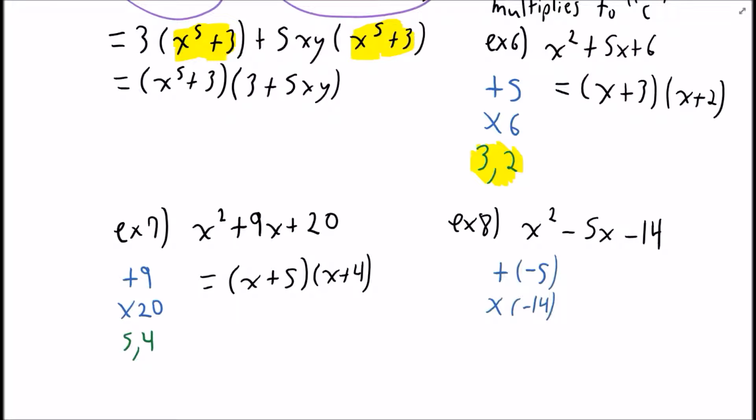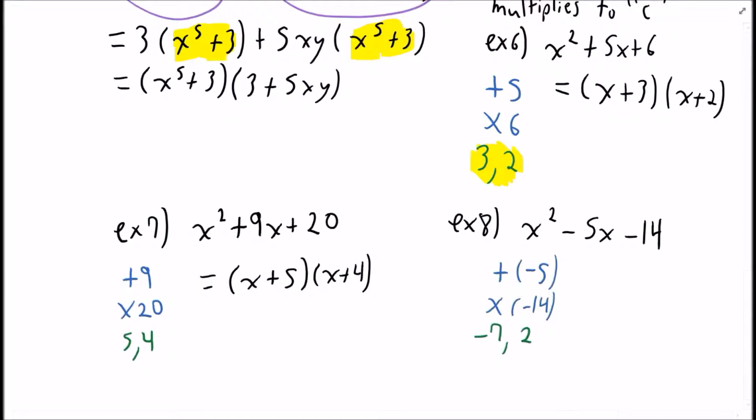So I just have to make sure it's the right way for them to add to negative 5. If I had positive 7 plus negative 2, that's positive 5. But I want negative 5. So negative 7 times positive 2 is negative 14, and negative 7 plus positive 2 is negative 5. So it must be negative 7 and positive 2.